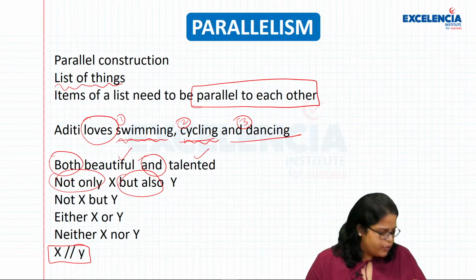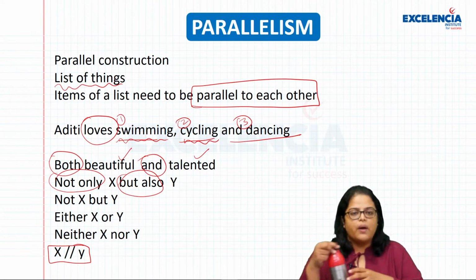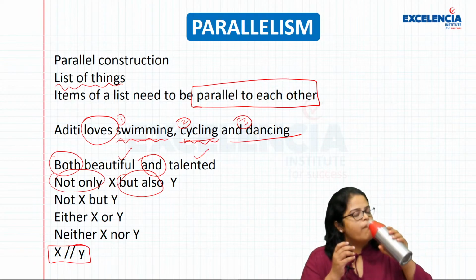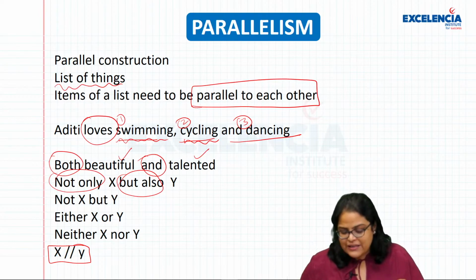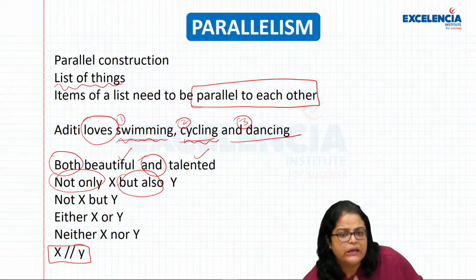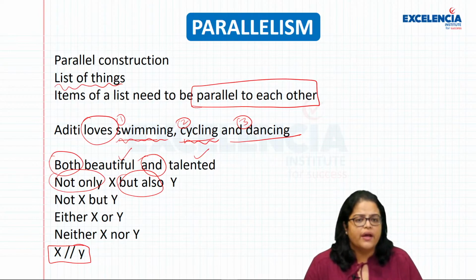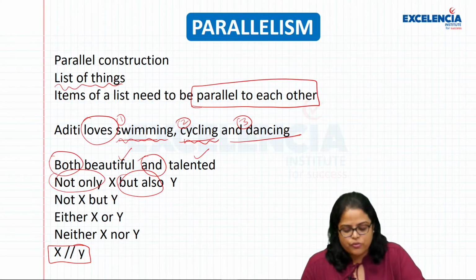Beauty would be an abstract noun and talented is an adjective. So I can't use beauty and talented. So not only X but also Y. Not X but Y, either X or Y, neither X nor Y. In all these cases, X and Y have to be parallel.